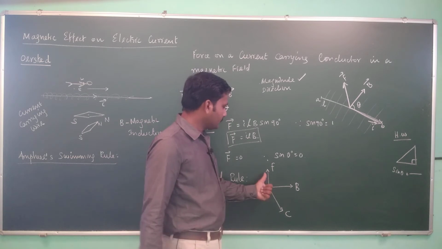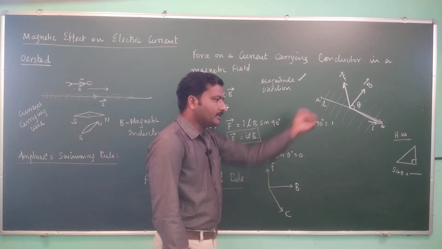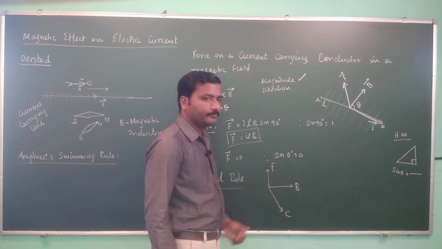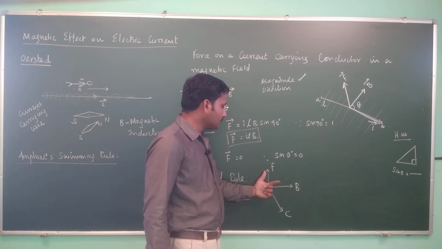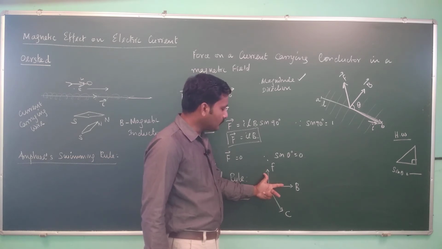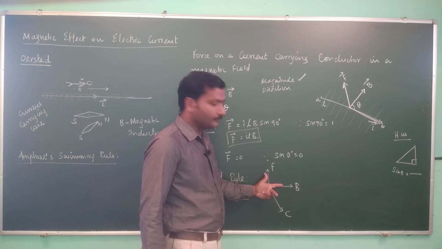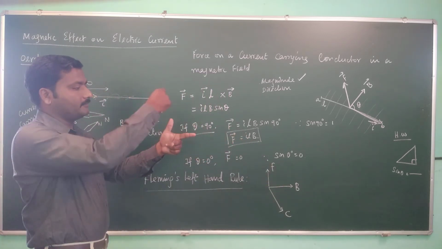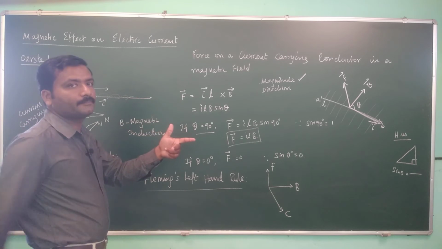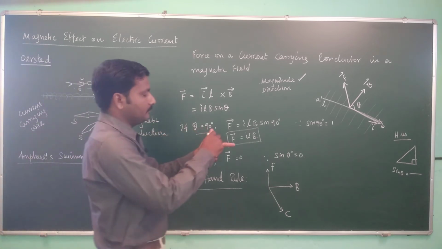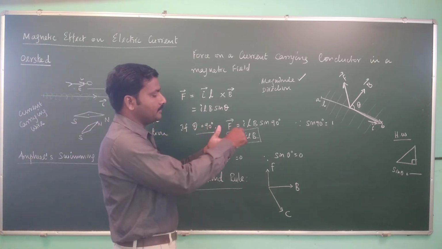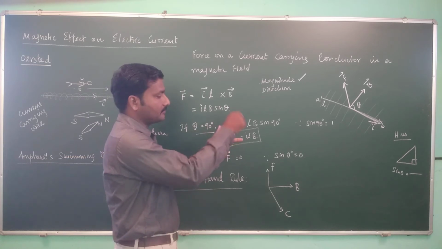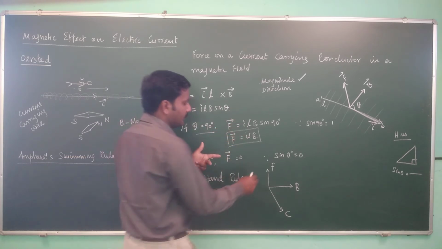See, I make three fingers of my left hand over this diagram. One this finger, another one this finger, another one this finger. Now, you can connect these three fingers like a curve, like this.